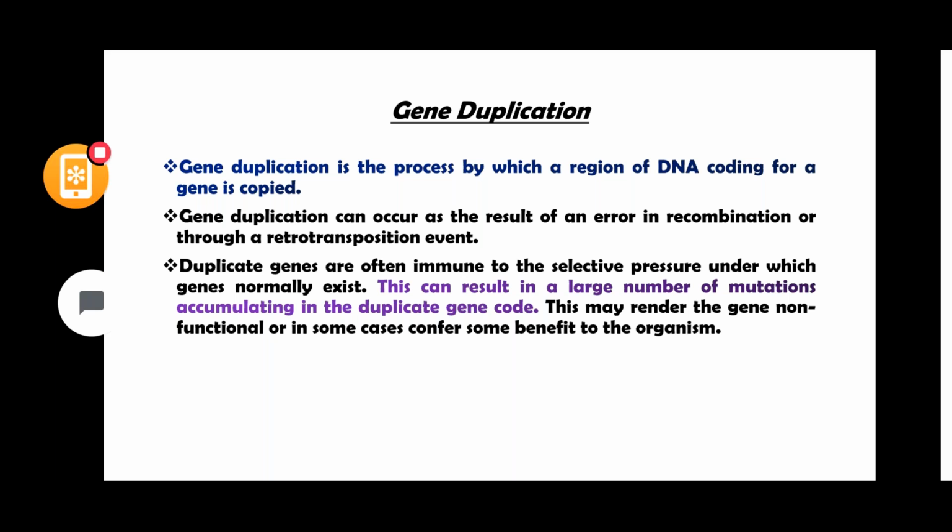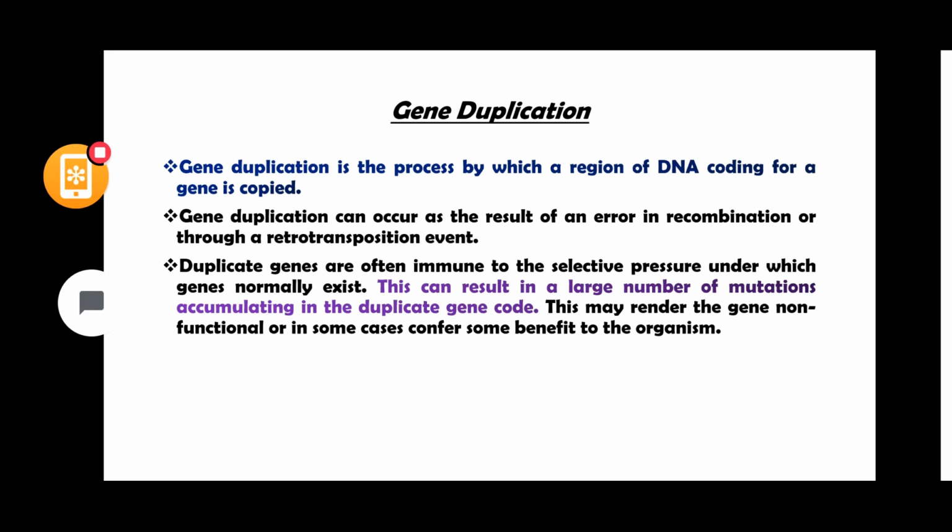Okay, now these duplicate genes are often selected by a selective pressure under which genes normally exist. Meaning one gene has lost its function but it has been copied to another position of the DNA. The original gene was mutated but the copied gene is still existing.